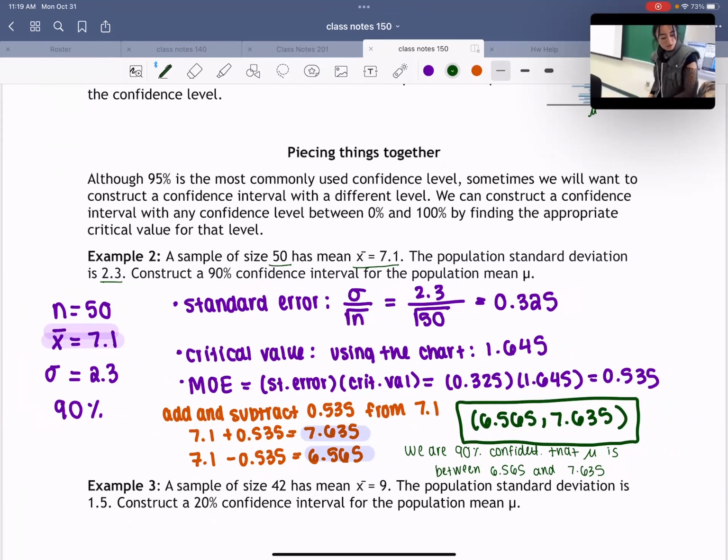All right. Example number 3 is very similar. I want you to give this one a go. I know there's a lot of steps, but I'm pretty confident that we can do this one. Give you a few minutes for this.